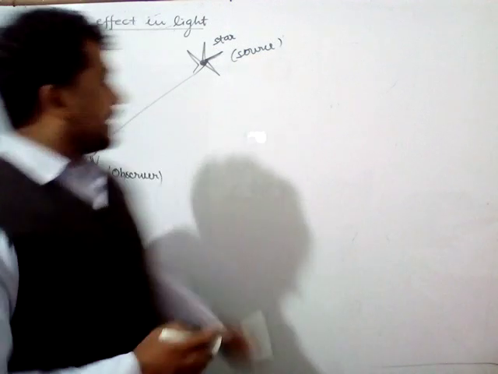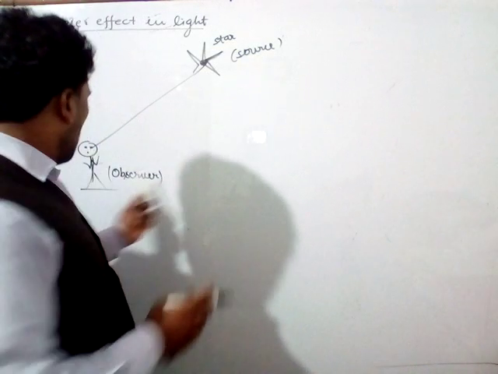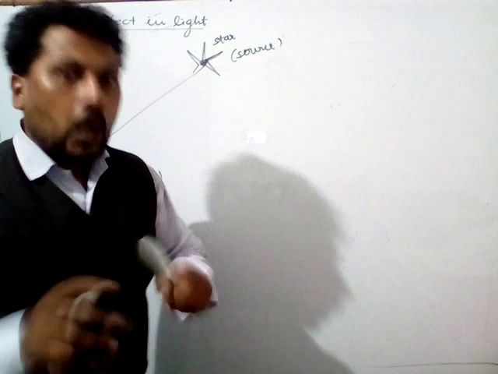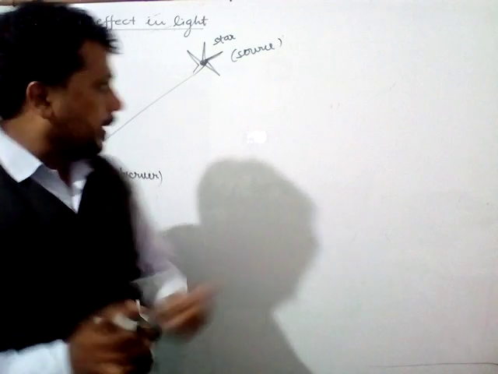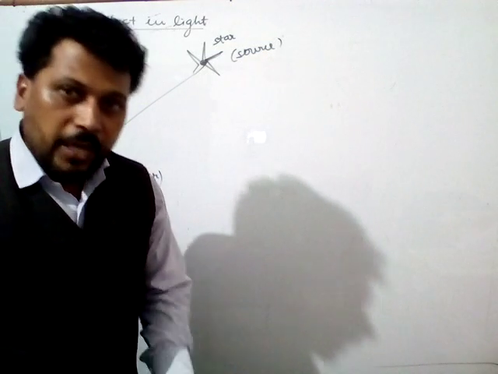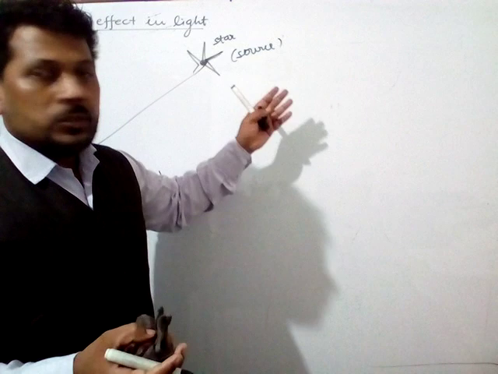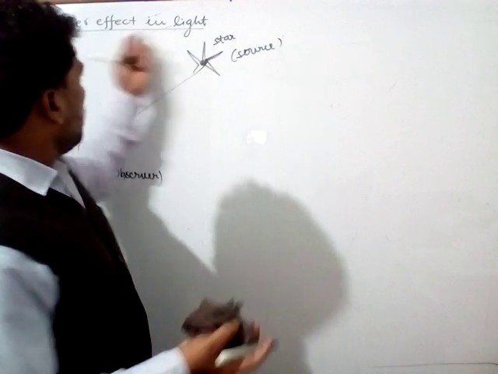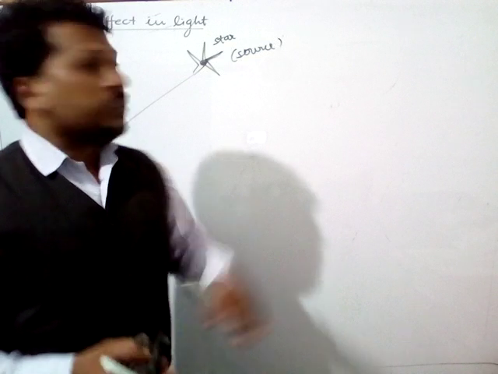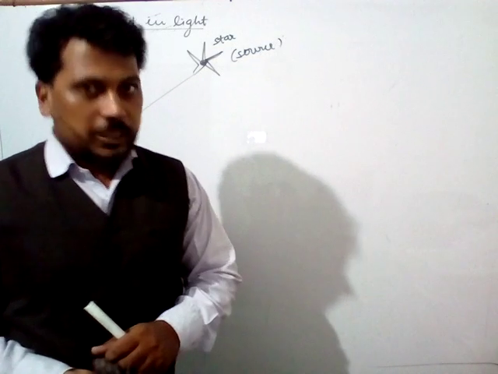So the relative motion between source and observer is the Doppler effect in light, or in other words, whenever any source and any observer are in relative motion, then the change in frequency or change in wavelength is known as Doppler effect in light, or Doppler displacement.